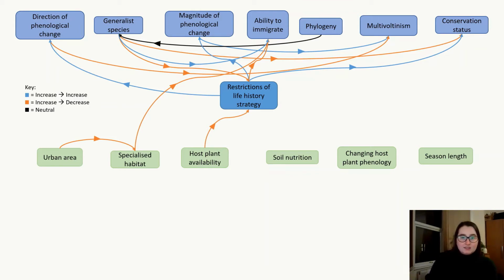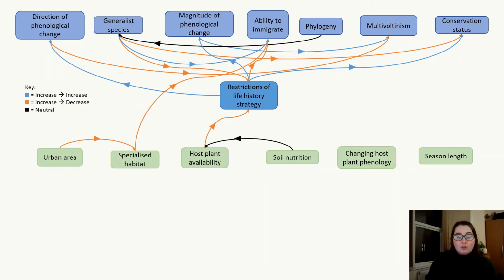So this is related to, but not the same as, changing host plant phenology. So host plant availability is whether the plant is physically there. And this will be really important for species who start to migrate, because whether the host plant is available will decide how restricted their life history strategy is going to be.